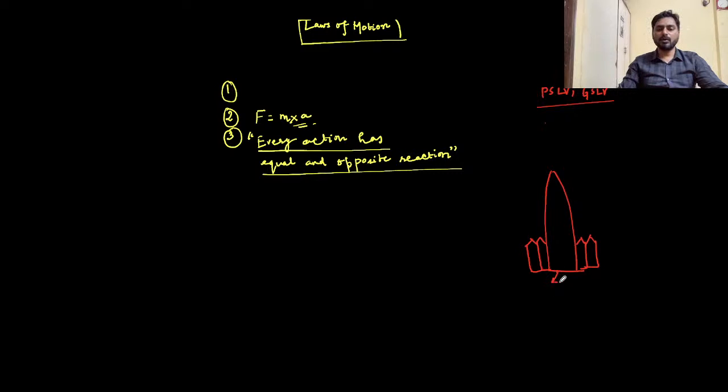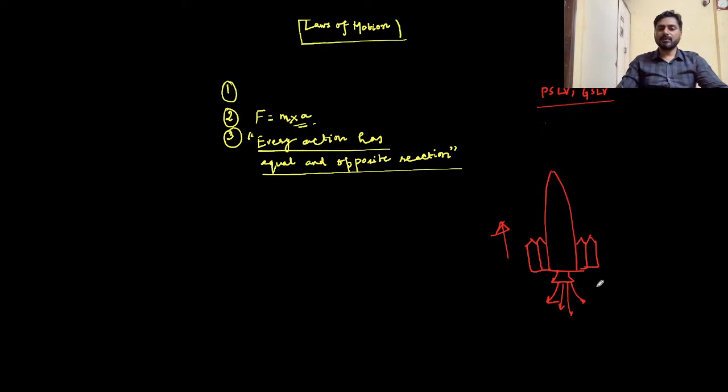You would have seen that there is a nozzle here and a lot of gases come out from this. When a lot of gases are coming out from this direction, the rocket is able to move in this direction. So here also we are seeing the application of Newton's third law of motion only.